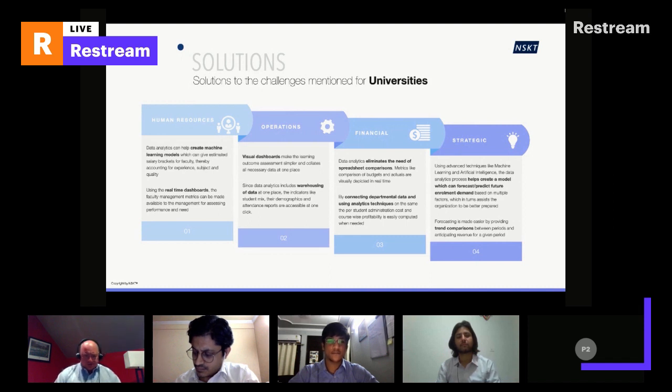With our operations, specifically focusing on learning outcome assessments and program delivery, with our visualization and data analytics, what we're going to be able to determine is which programs have the best retention rates, and which programs are providing the best margins, not only per revenue, but per faculty, per resource, per program.